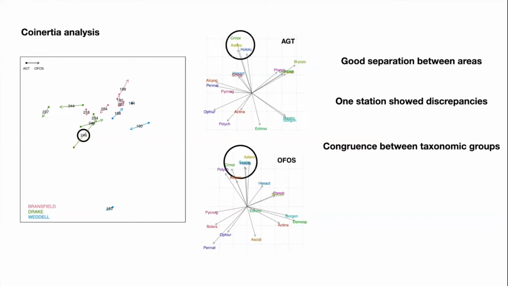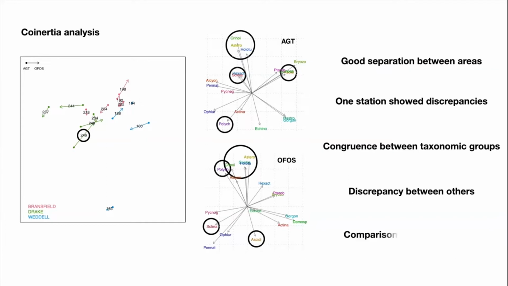There are discrepancies between other groups like Polychaeta, Scleractinia, and Ascidiacea. And well, this is a good comparison between both methods.